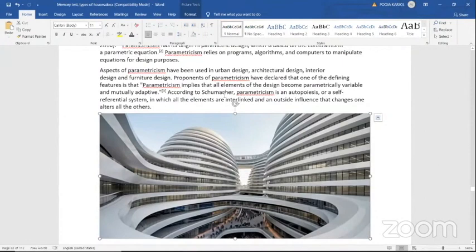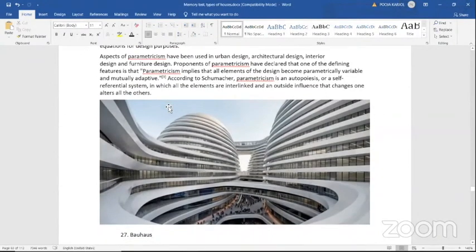According to Schumacher, parametricism is an autopoietic or self-referential system in which all elements are interlinked and an outside influence that changes one alters all the others. It is more of a concept than an actual architecture style.